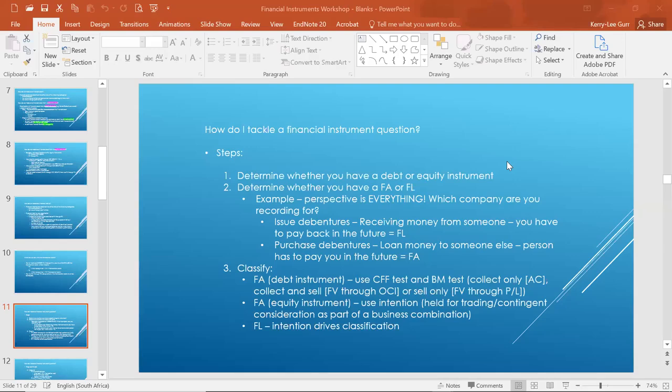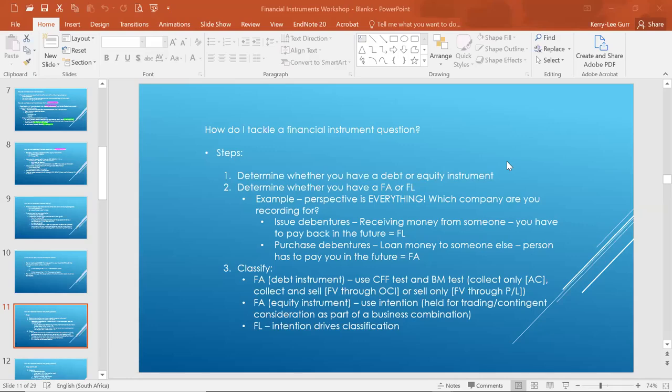On the other end of the spectrum is what if we have a company that is purchasing debentures? Okay, that means they're loaning money to somebody else and they're buying an IOU note. So when you see purchasing debentures, I want you to think in your mind they're buying a piece of IOU paper. That's really what they're buying. So they're giving them money today, but they're going to get back their own money in the future.